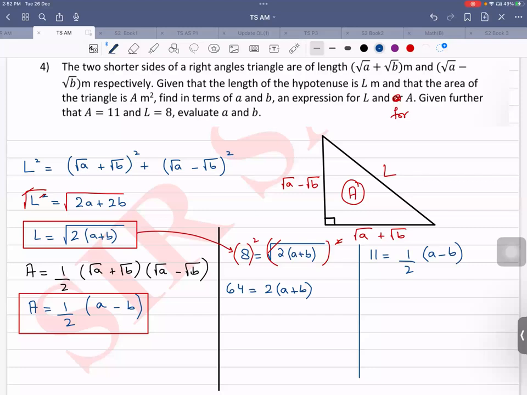And instead of multiplying 2 with the bracket, let's divide 2 with 64. So this is going to be our first equation, and this is our second equation.